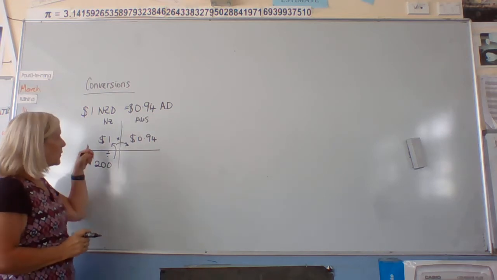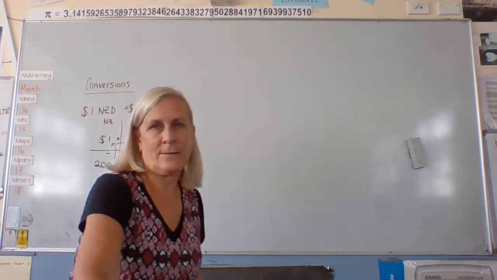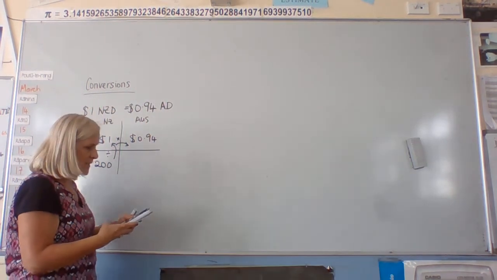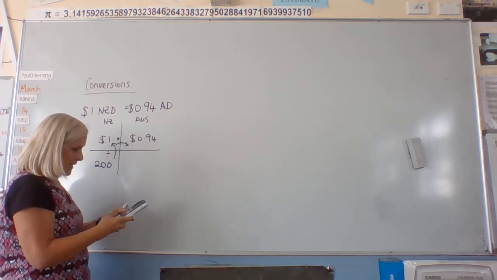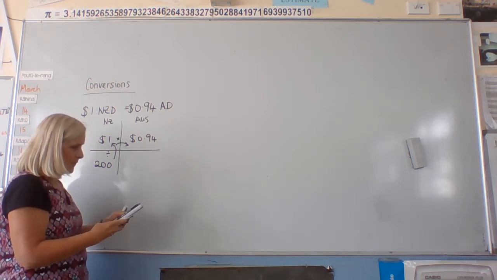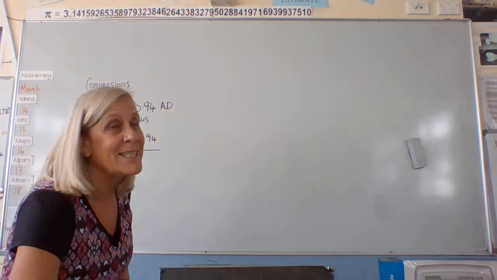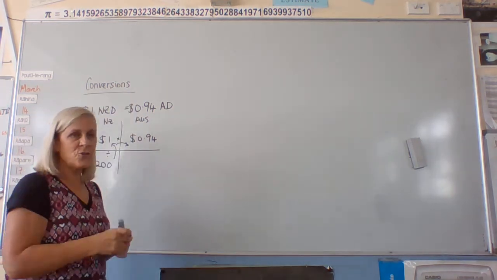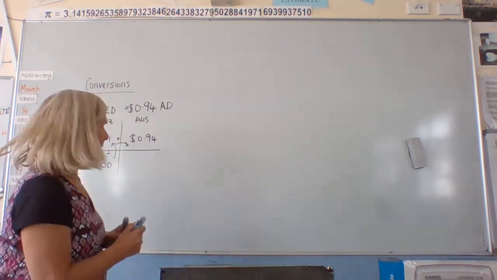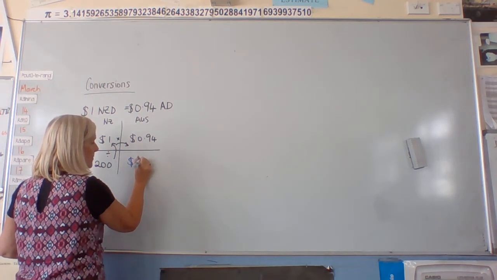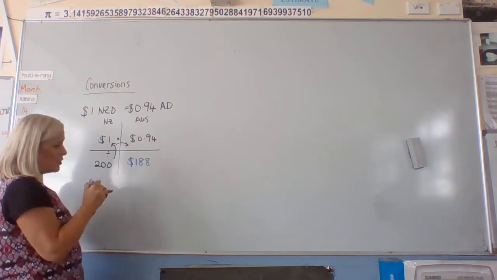So I'm going to divide 200 by $1. Obviously, that's 200. And then I'm going to do 200 times 0.94. So I've got 188 Australian dollars that I'm getting for my 200 New Zealand dollars.